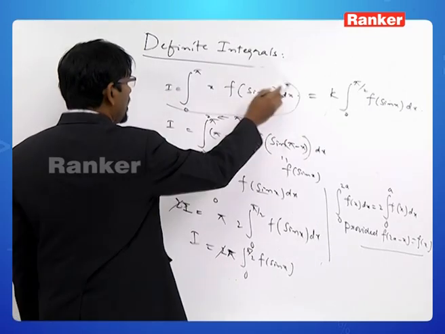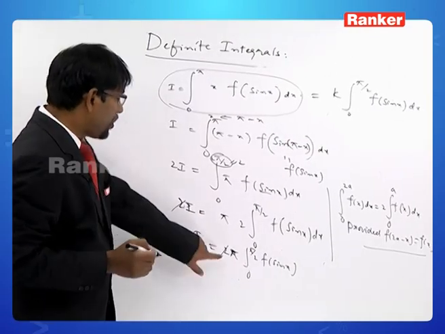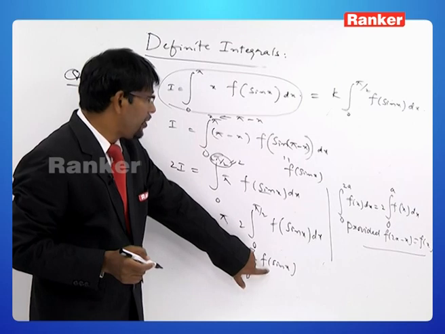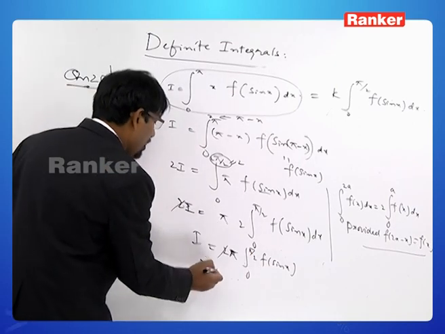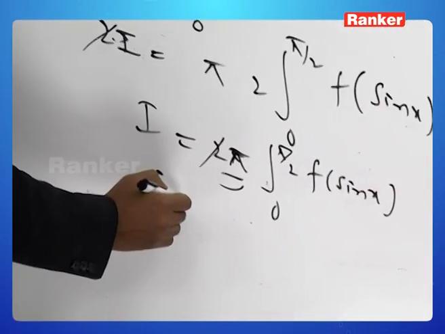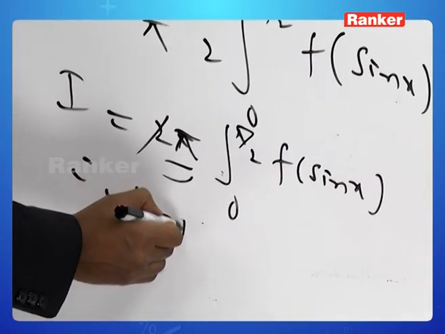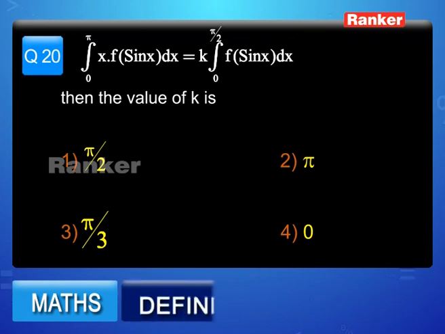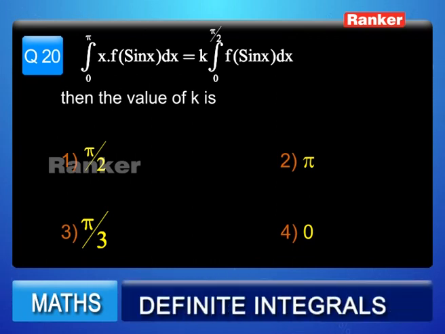So the left hand side is now turning out to be pi into the integral 0 to pi by 2 of f of sin x. Therefore, clearly comparing this and this, here we have k to be pi. So the answer is clearly seen in option 2. Answer is option 2.